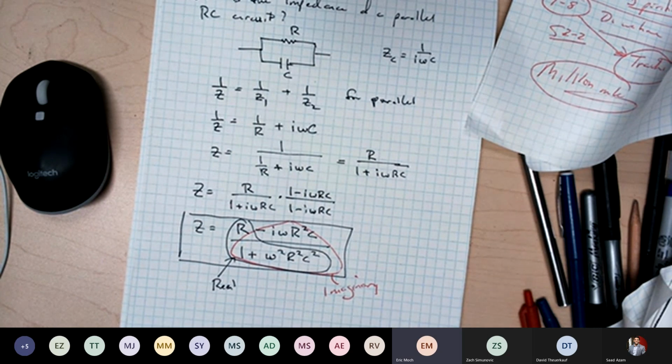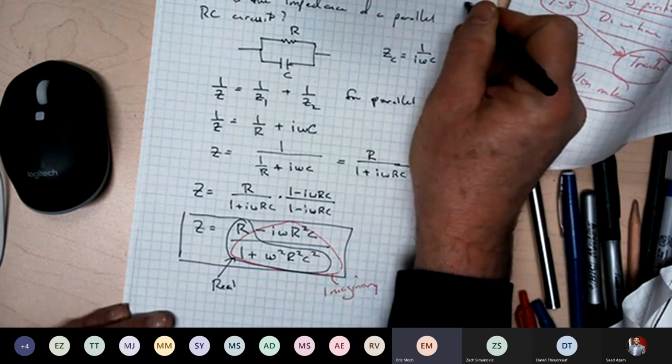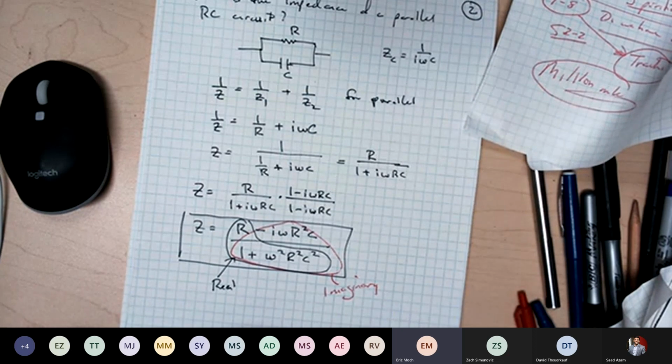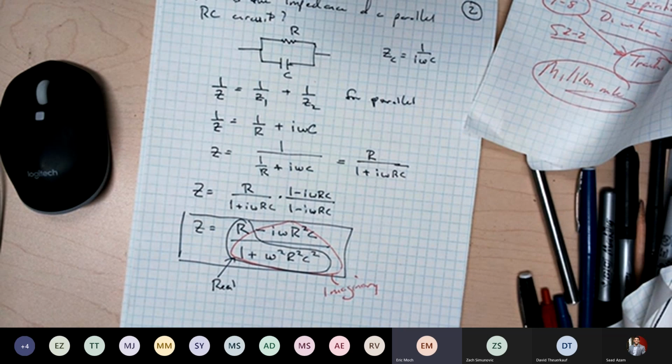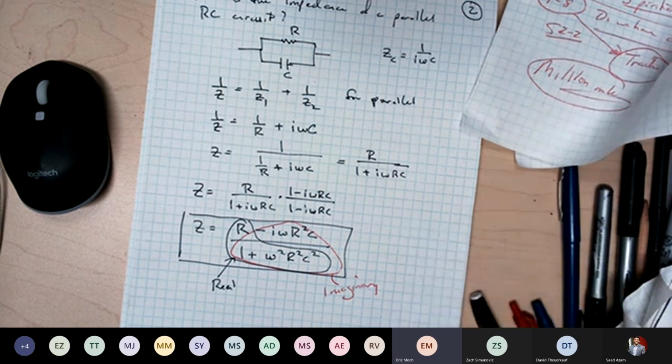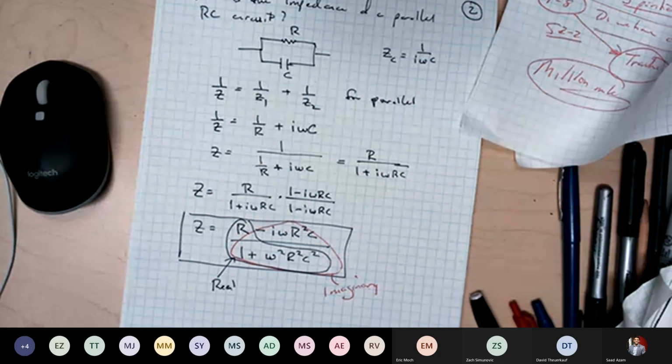Yeah, quick one, Jeff. How do we interpret the imaginary part of an impedance? Because earlier you said, to get the physical meaning, you take the real part. The easiest way to answer this is if you look at the current in response to the applied sinusoidal voltage.